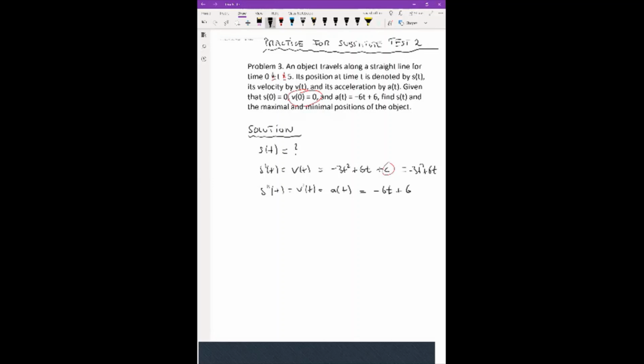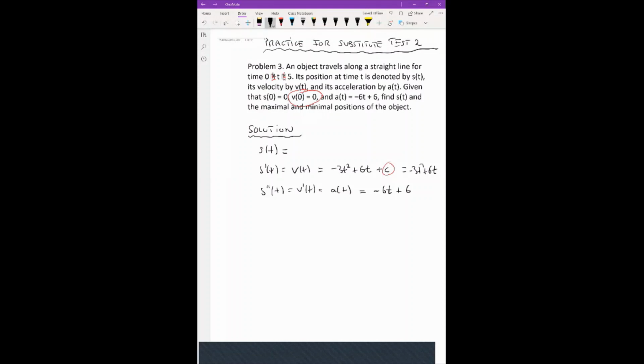If the initial velocity would have been 10, then you have to add 10, then it's minus 3t squared plus 6t plus 10. And now we have to find the position. The position is the antiderivative of velocity.